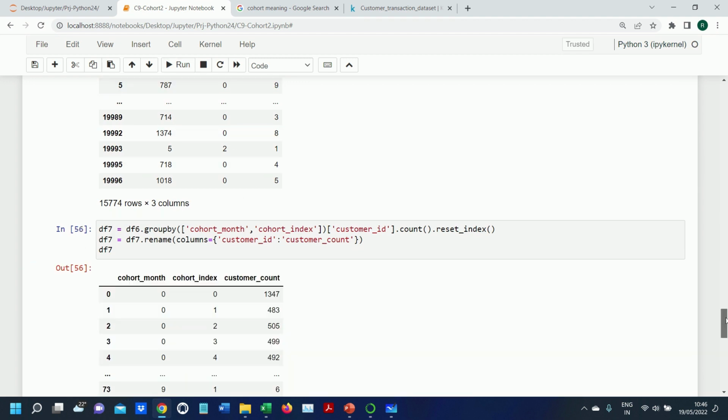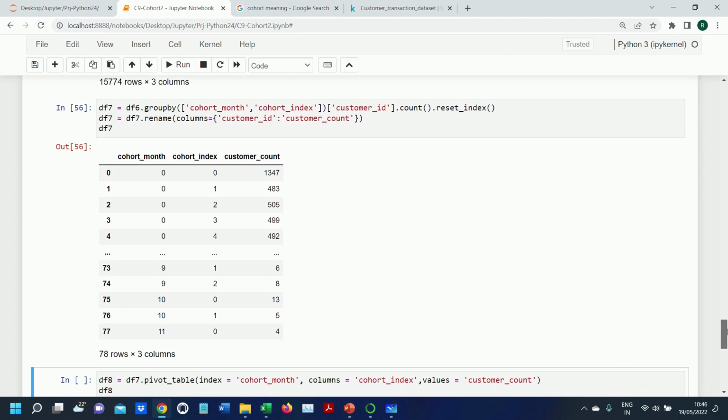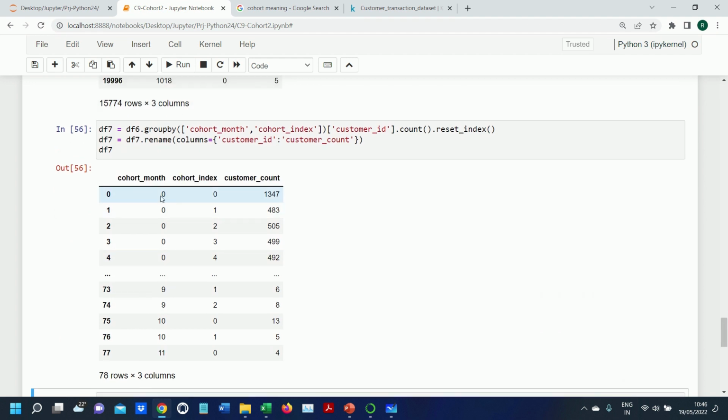Good. So this is the total transaction count from the business point of view. When we group it by the cohort month, this data frame shows that in cohort month 0 there were 1,347 customers whose month of joining is 0, and they did transactions during their month of joining.